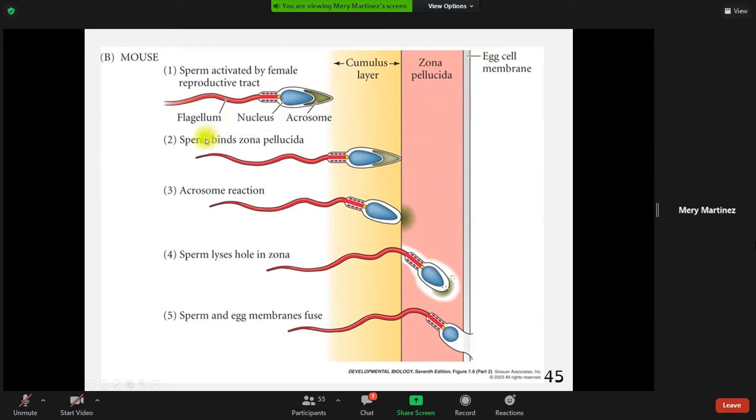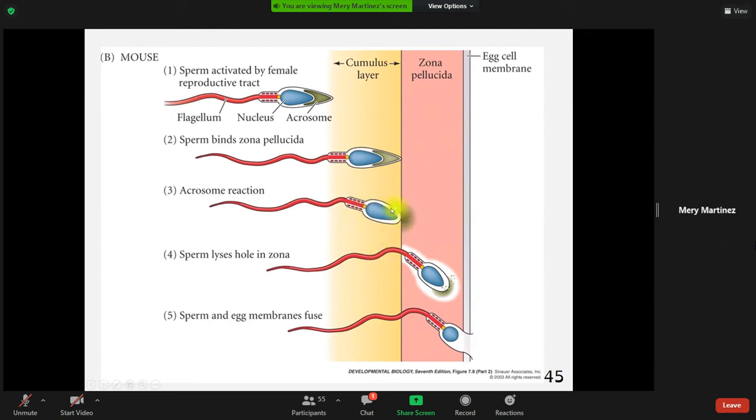Now, here we have the acrosome intact, which reaches and binds to the zona pellucida, which is thicker than the vitelline envelope in the sea urchin. Okay. Then the acrosomal reaction can only occur, and should occur, when it binds to the zona pellucida, as we see here. Then the sperm will digest the zona pellucida.